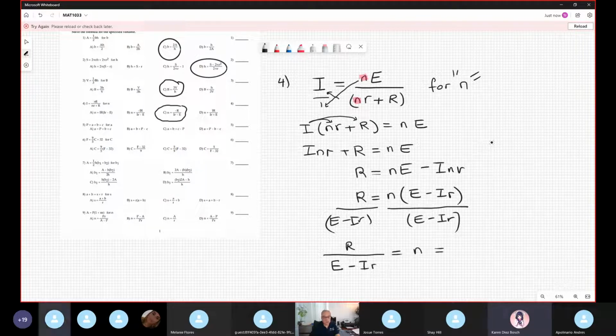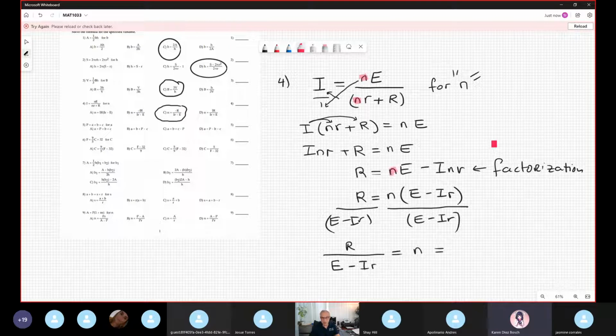I have a question. Go ahead. A couple steps before, when you moved the I and R over, how did you get rid of the n that was with the I and R? Because I factored out here, factorization. I saw n is a common factor here and here.